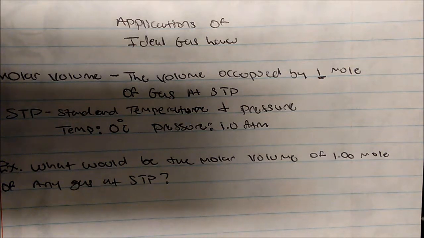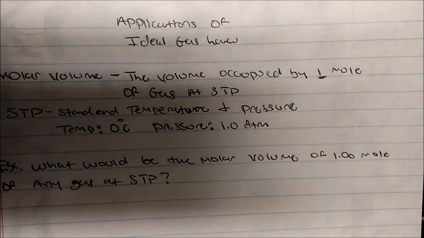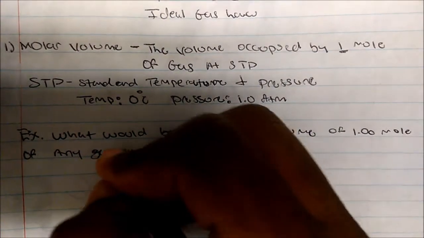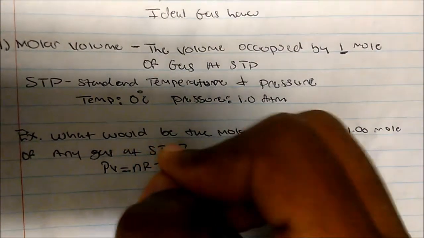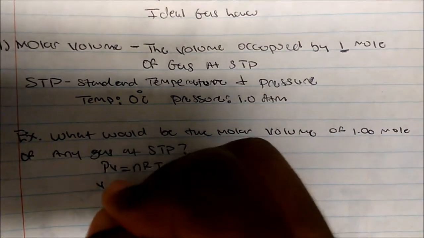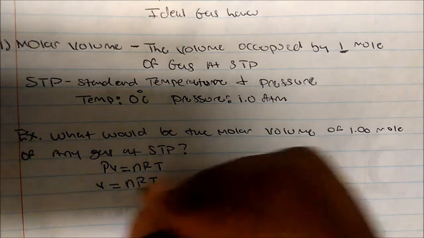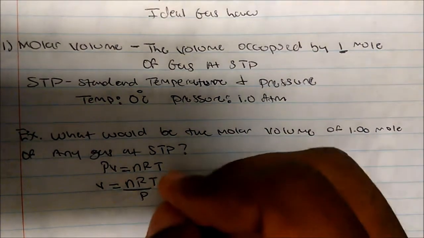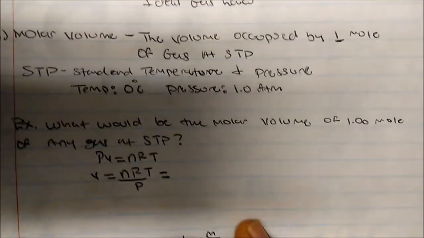So the question is, what would be the molar volume of 1 mole of any gas at STP, standard temperature and pressure? Well, we know that PV is equal to nRT. Since we're solving for V, V has to be nRT divided by P, and then I'm just going to simply plug in.